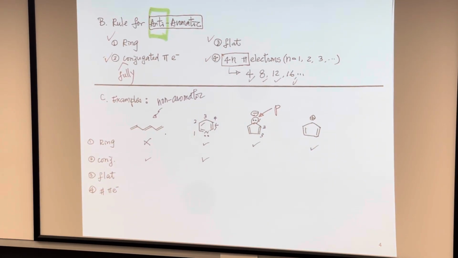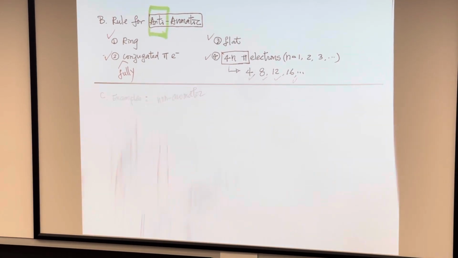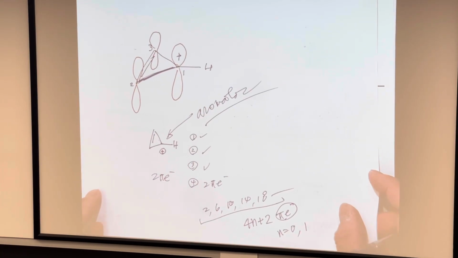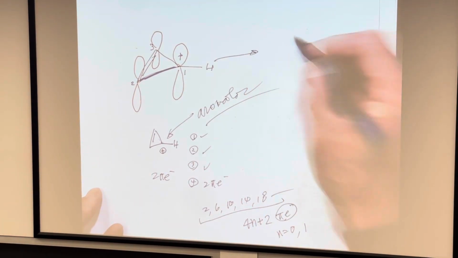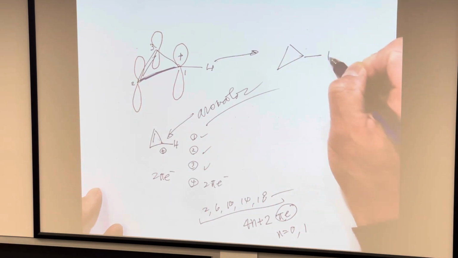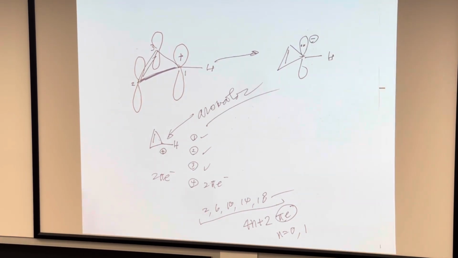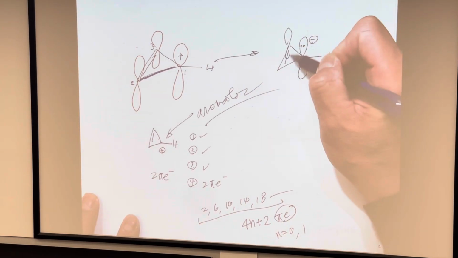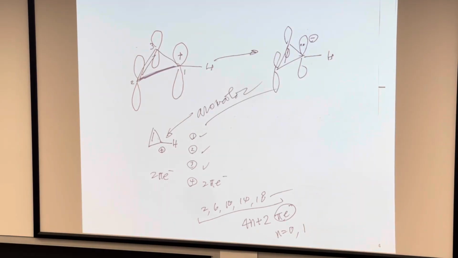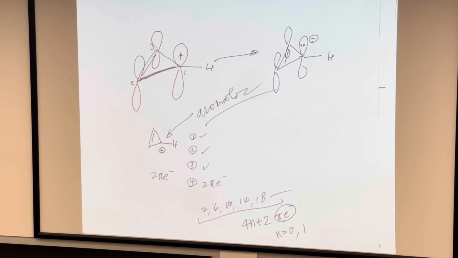Here we go, that's the same system, but I just changed this one. No lone pair. We can still have the p orbital on carbon 2, p orbital on carbon 3. So fully conjugated, ring system, flat as well.